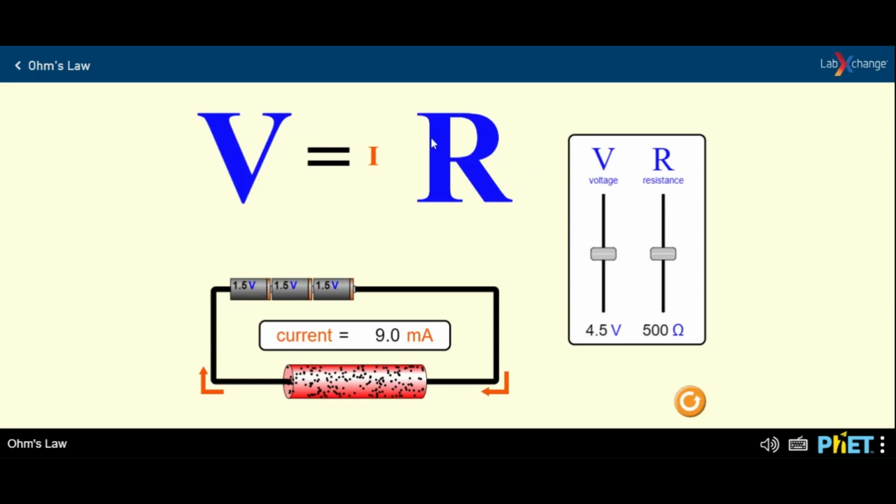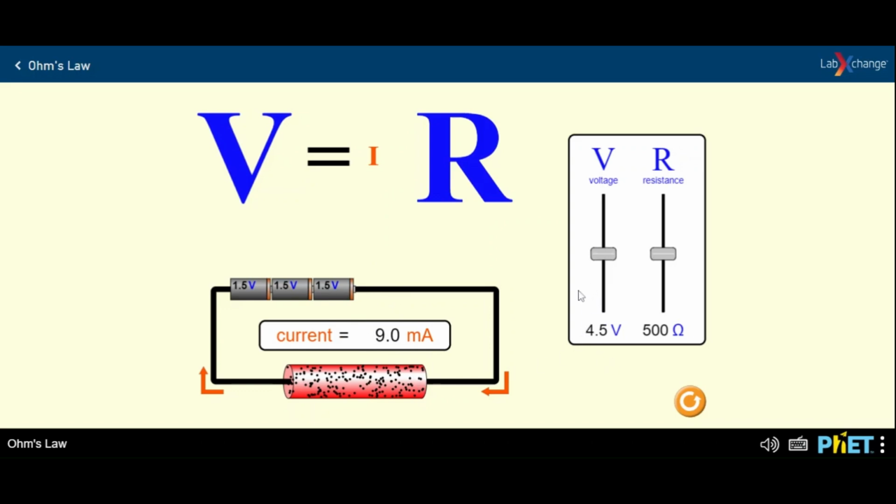So here I have a formula. It's a mathematical formula relating potential difference, which is voltage, which equals current multiplied by resistance. So I'll be varying the variables here, the voltage and resistance. Then I observe what happens to this current. Does it increase or reduce?